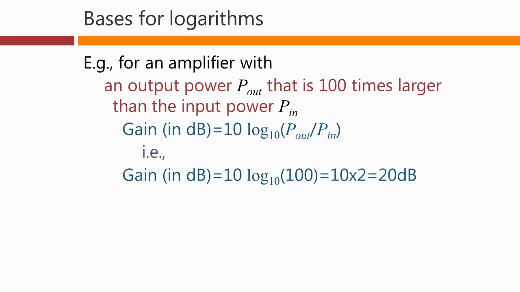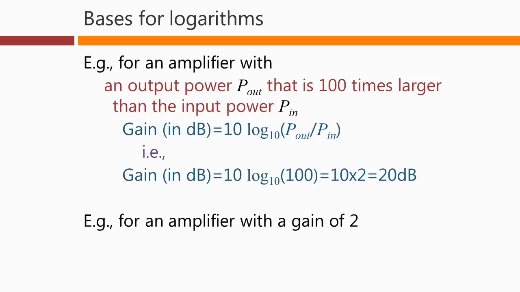So, since the output power divided by the input power is 100, and log to the base 10 of 100 is simply 2, because 10 squared is 100, then our gain in decibels here is 10 times log to the base 10 of 100, which is 10 times 2, which is 20 decibels.